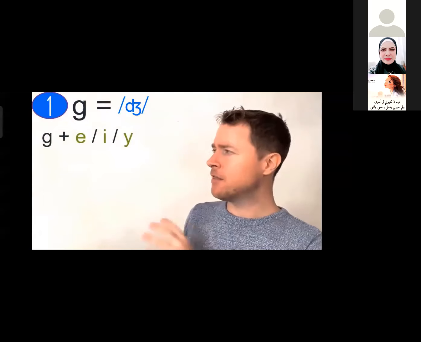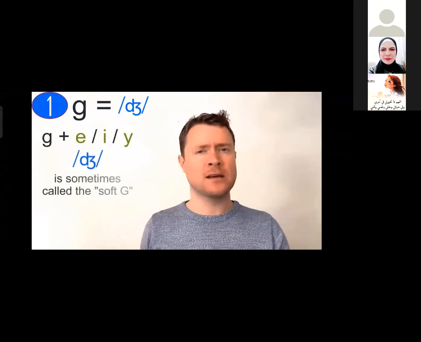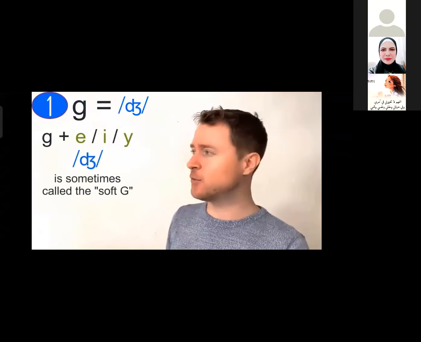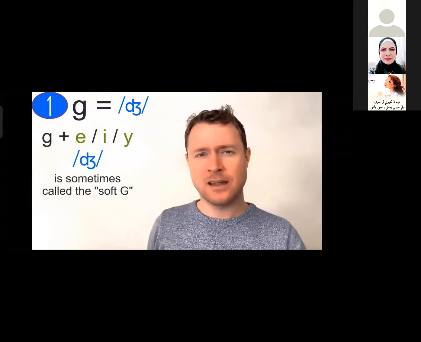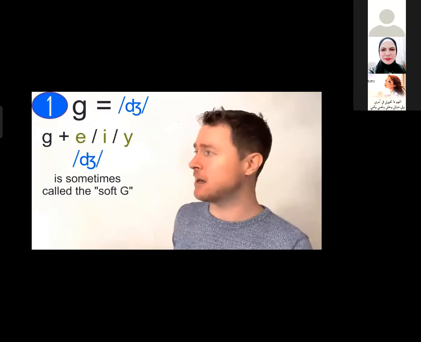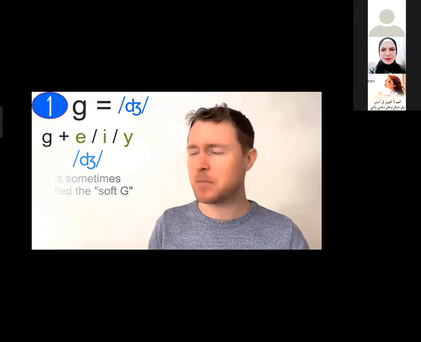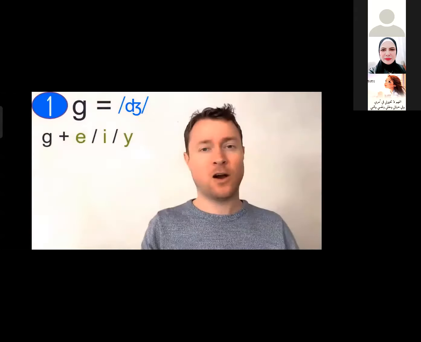One important thing to remember is that this J sound is sometimes called the soft G. The hard G is the G, which we're going to learn later, but the J is sometimes called the soft G.